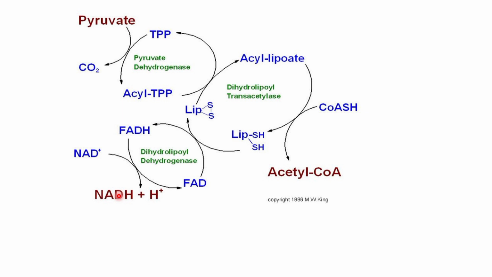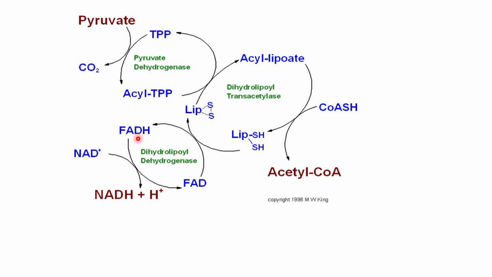So this is the process of converting pyruvate to acetyl CoA. Pyruvate will be decarboxylated to form acyl TPP. Acyl TPP will react with the lipoamide to form acyl lipoamide. From the acyl lipoamide, this enzyme will transfer the acetyl group to coenzyme A to form acetyl CoA. Also, the lipoamide will be reduced to this form, and then FAD and NAD plus will oxidize the reduced lipoamide back to the oxidized form.